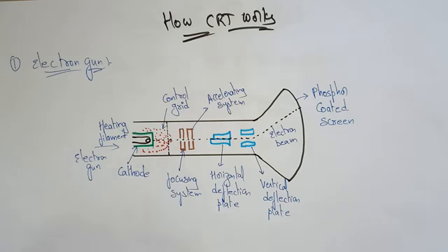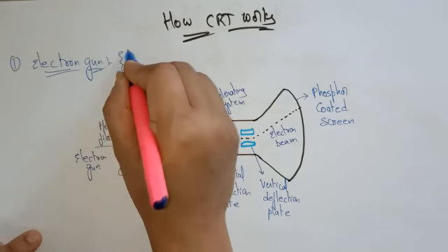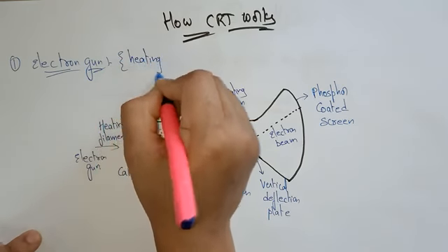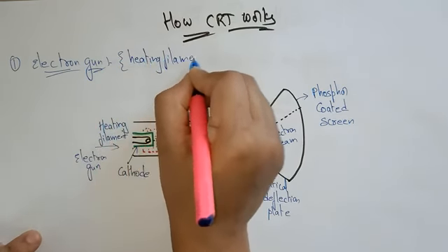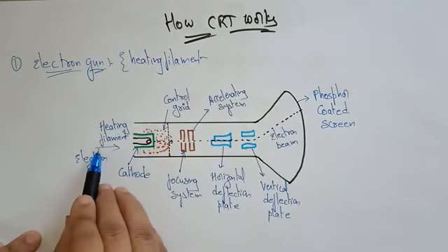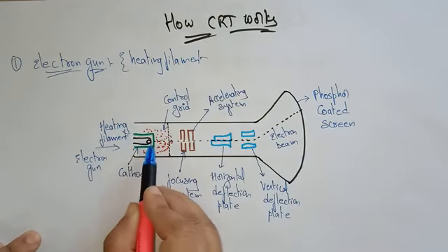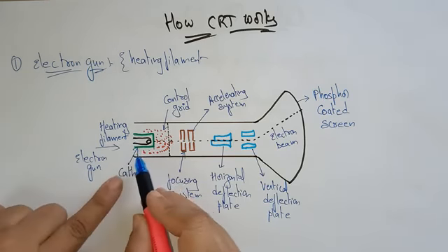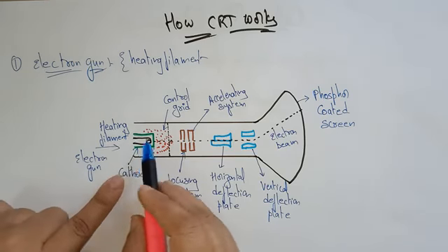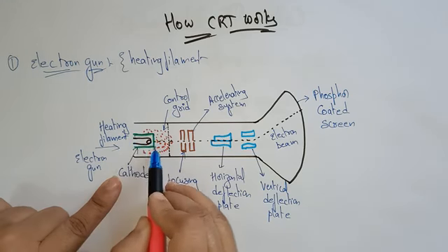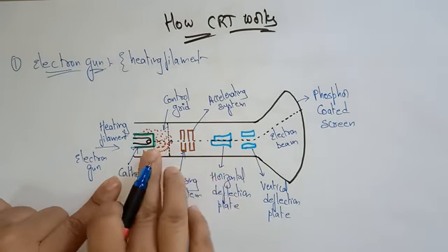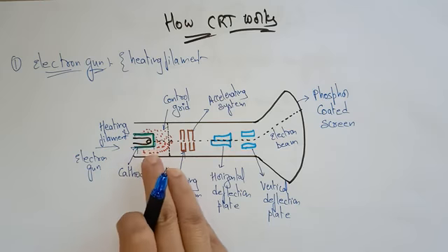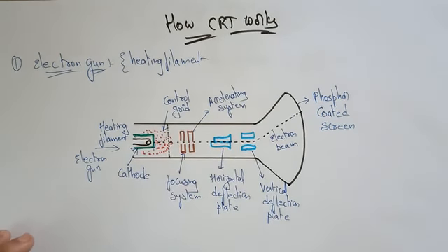The electron gun consists of a heating filament. If you see in the diagram, this is the heating filament, as well as the cathode.